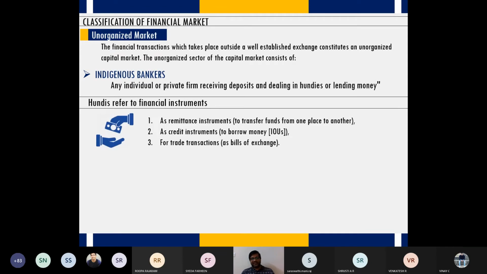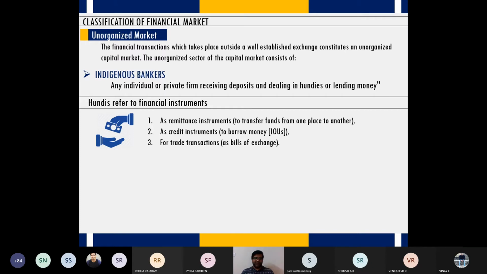So indigenous bankers have various instruments. These securities instruments, in local language in the unorganized market, are called hundis. There are instruments for borrowing and instruments for lending also. Both deposits and loans are available.